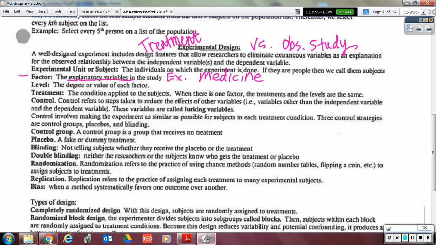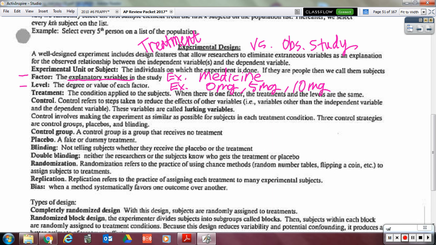And the level is how many degrees of those you have, such as 0 milligrams, 5 milligrams, 10 milligrams. Those are examples of 3 levels of medicine.